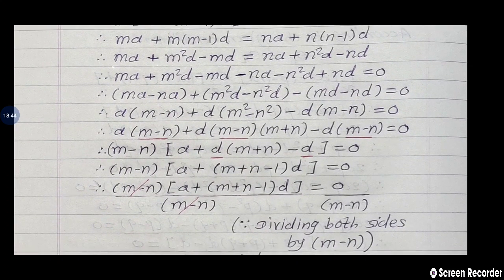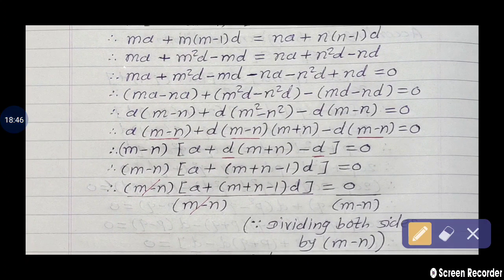In the next step, see what is given. So ma, plus m multiplied into d to that bracket. So m into m is m square d, minus m multiplied by 1, that is m, and m multiplied by d means md.